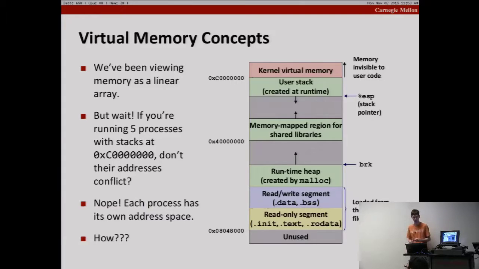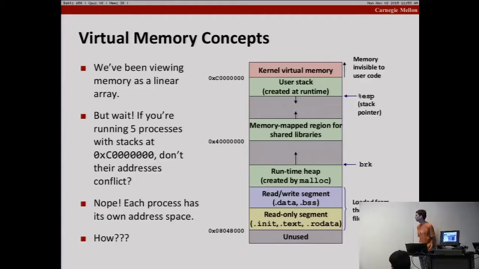So far, we've been talking about memory, and we just say, we've got this flat array of addresses, and the stack starts somewhere, and there's a heap somewhere, and there's all this other stuff on it. But we're also running multiple processes at one time, and you saw that in your Shell Lab. You've got a ton of processes running all at the same time, even just ones that have been forked off by your shell, in addition to the other ones running on the system.